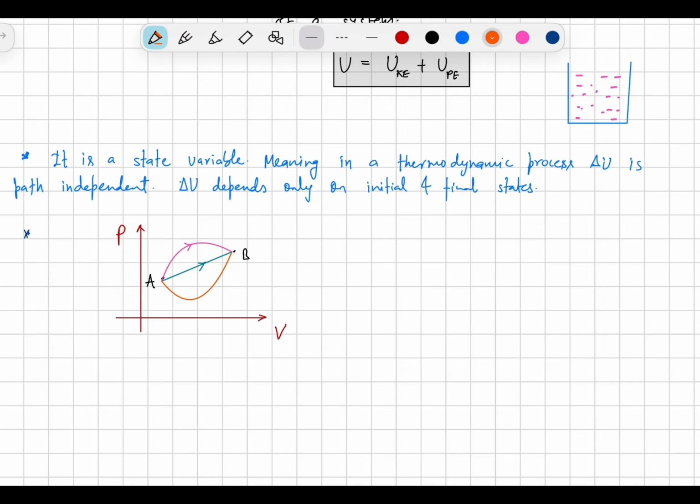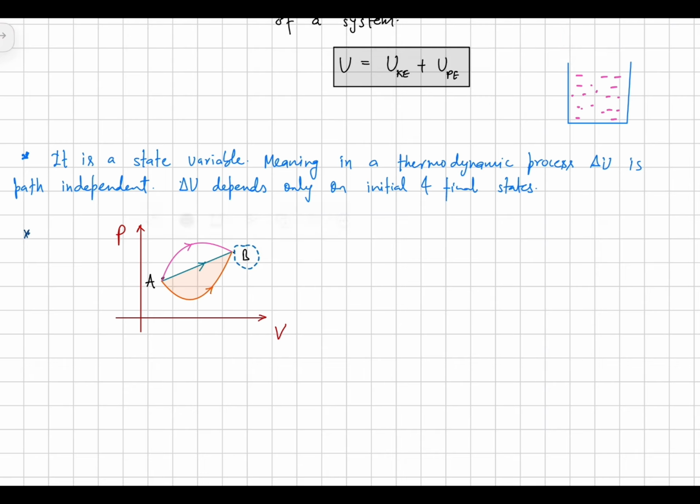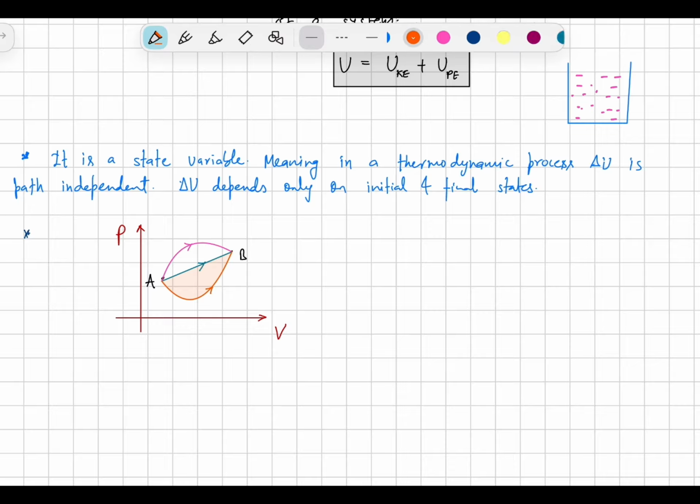Let me label these three paths: this is first, this is second, this is third.